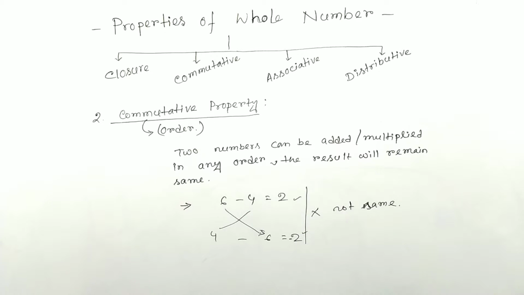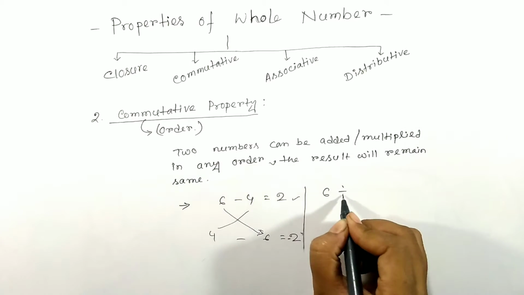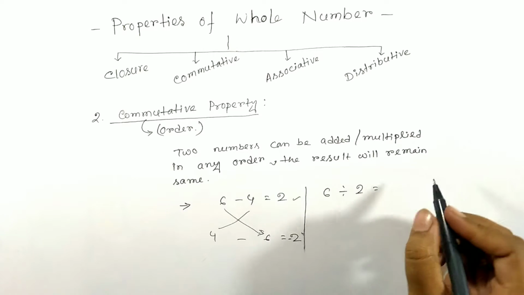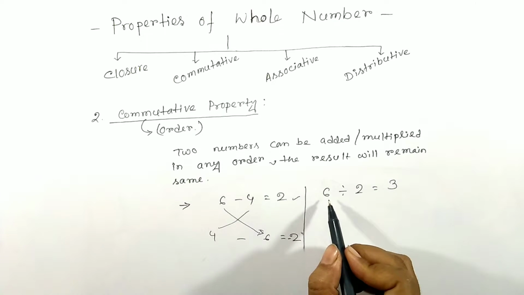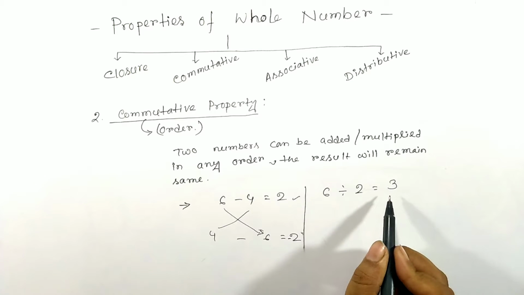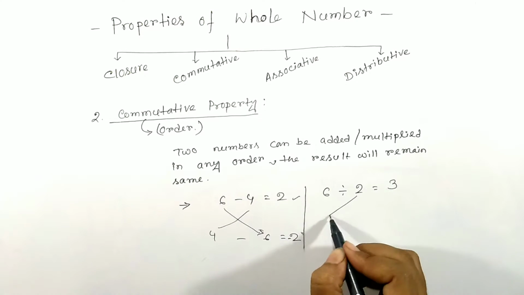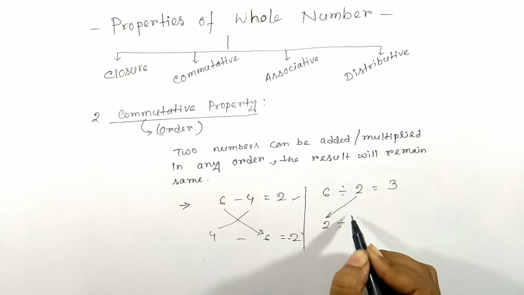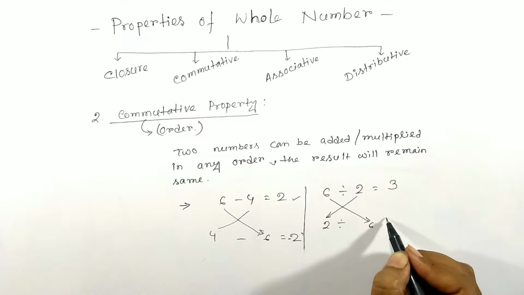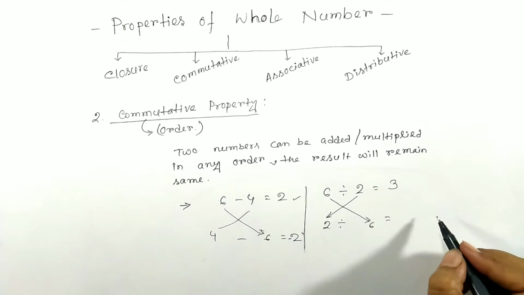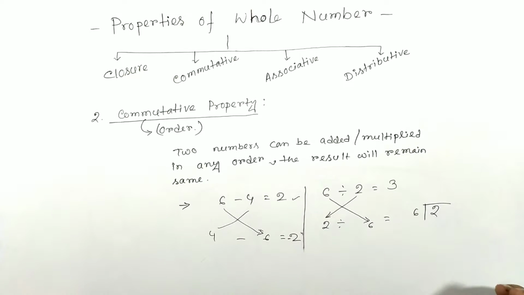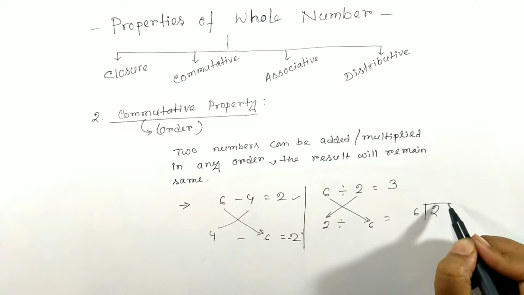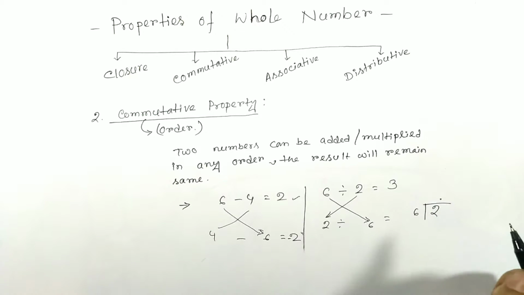In case of division also, suppose 6 divided by 2. Your quotient will be 3. If you divide 6 by 2, you will get 3 as a result. But if you change the order, that is 2 divided by 6, that means 6 is your divisor. So if you divide that, you will get a decimal number.